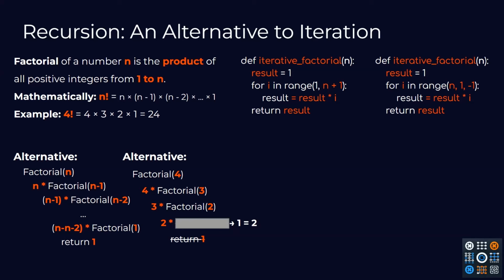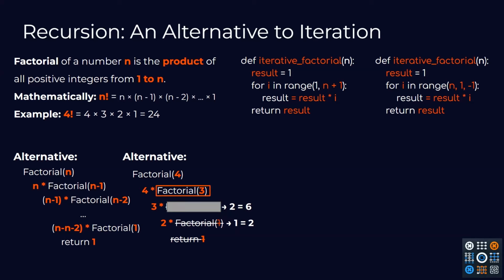Multiplying this 1 with 2 results in 2. Next, we unroll factorial of 2, which was defined as 2 multiplied by factorial of 1. This is already evaluated to 2 on line below. So we replace factorial of 2 with simple 2, and multiplying this 2 with 3 results in 6.